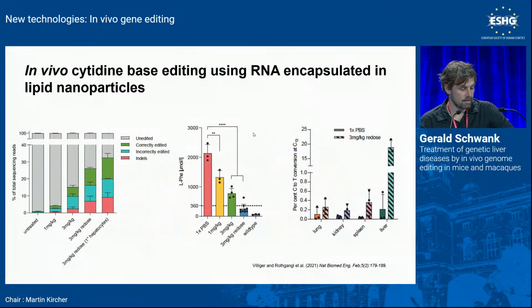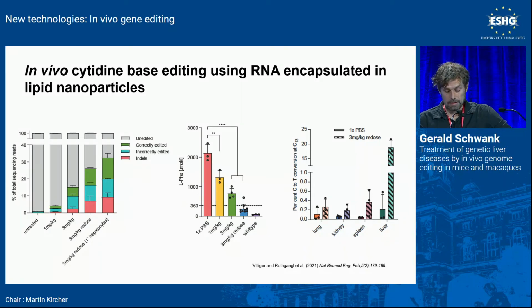Nevertheless, this very transient expression was sufficient to lead to about 15% precise correction of the pathogenic mutation, which was again sufficient to reduce the phenylalanine levels below the therapeutic threshold of 360 micromole per liter.